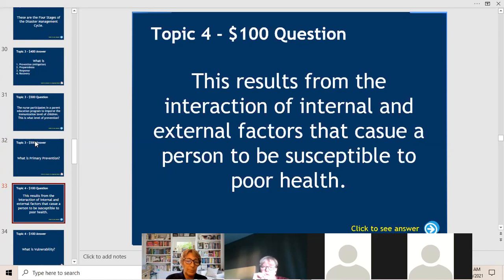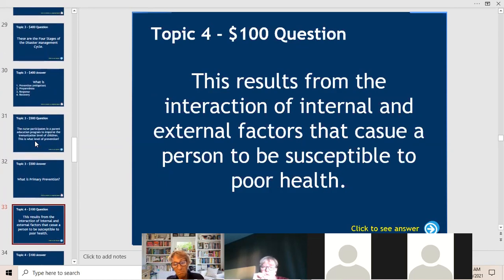What is lifestyle? I don't know, it's in the ballpark. If you have lots of factors, let's say you're homeless... Susceptibility.